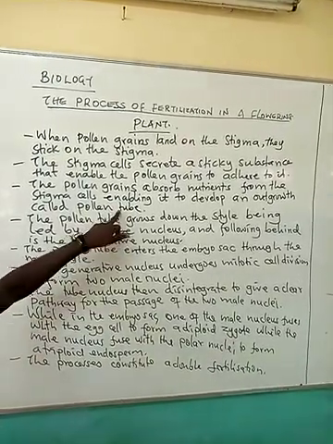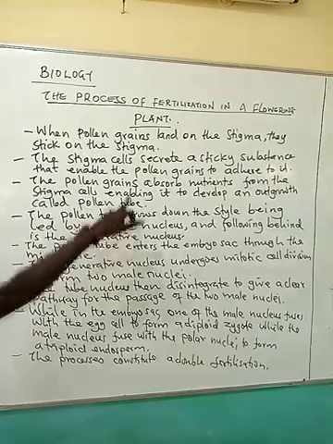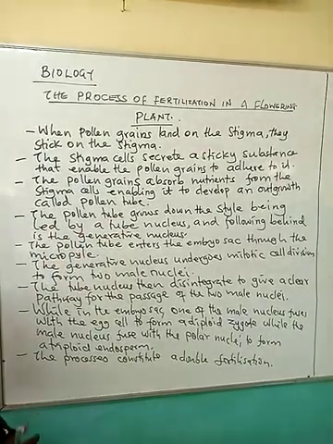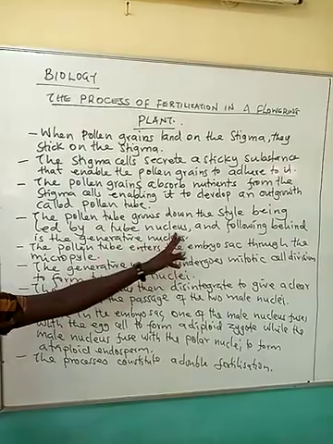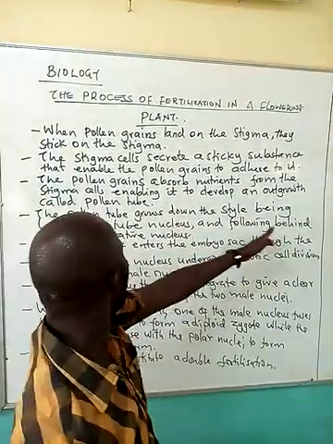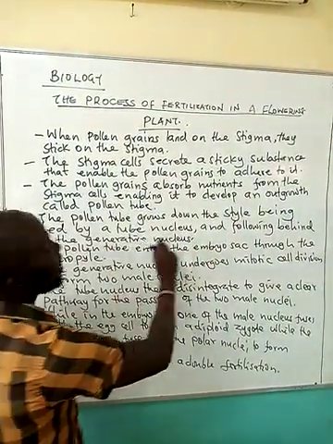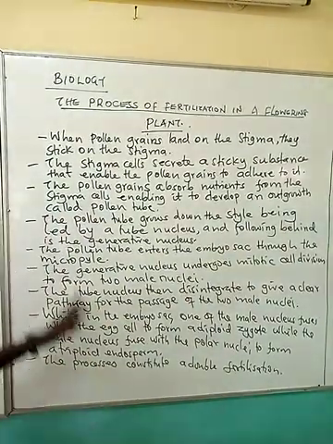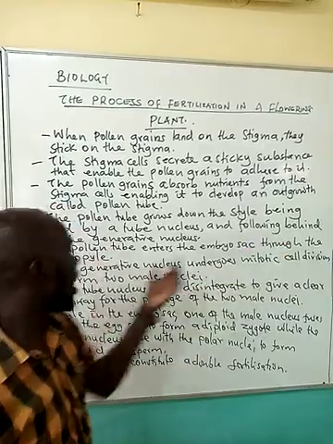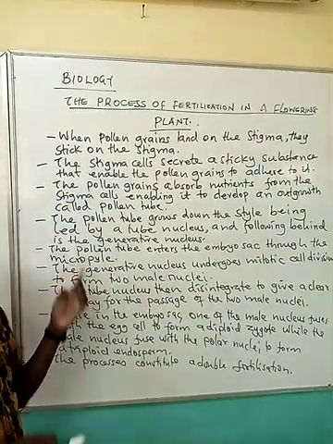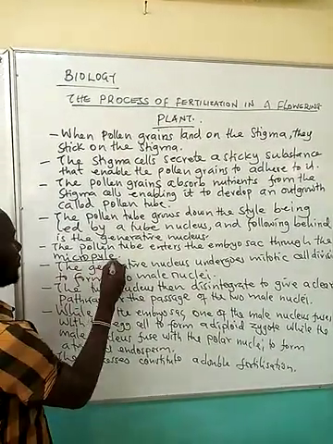This absorption of nutrients enables the development of an outgrowth. That outgrowth we have called what? A pollen tube. The pollen tube grows down the style, led by a tube nucleus, with the generative nucleus following behind. The pollen tube then enters the embryo sac through a small hole that we call the micropyle.